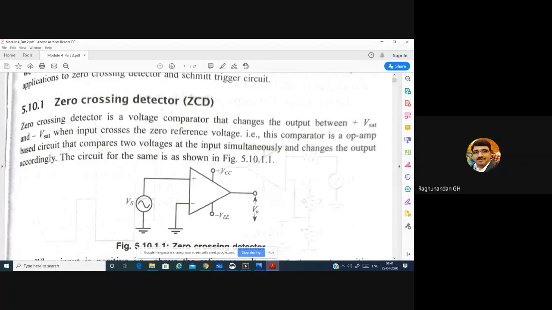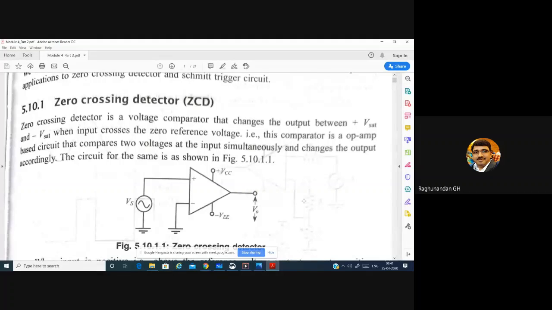Even in BJT amplification, sometimes instead of giving 30 millivolt or 50 millivolt, if you give 0.5 volt, instead of a sine wave it will give a square wave, because for that 50 millivolt it is capable of giving 8 volt.